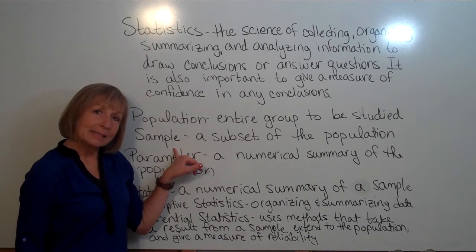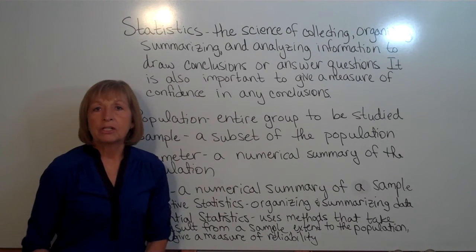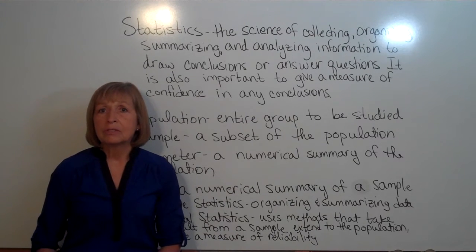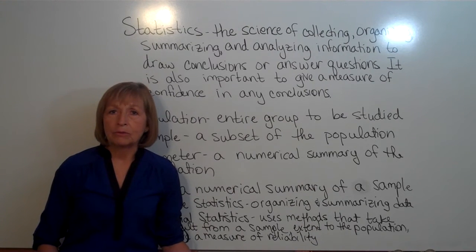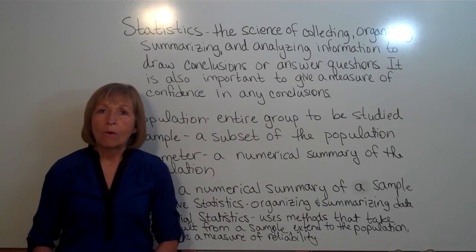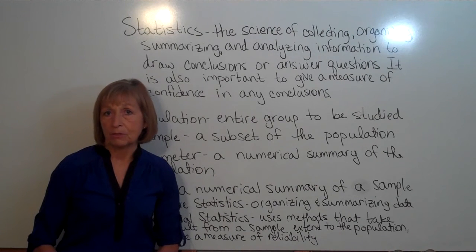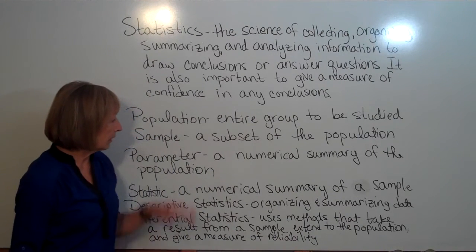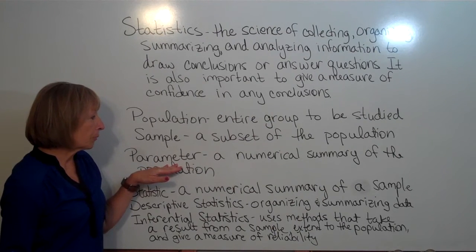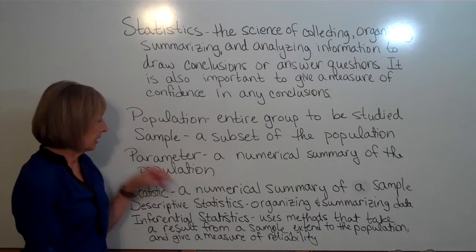But if we get a sample and we sample the situation appropriately, we can use information from that sample to give us a background to be able to make some sort of judgments or estimates or predictions about the population based on the information we gather from the sample. Now, a parameter is a numerical summary of the population.